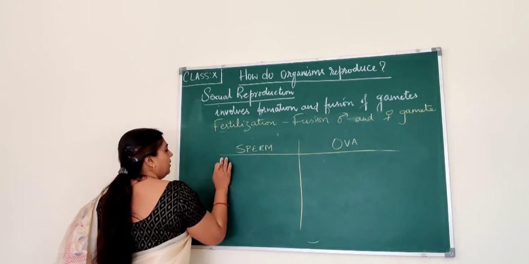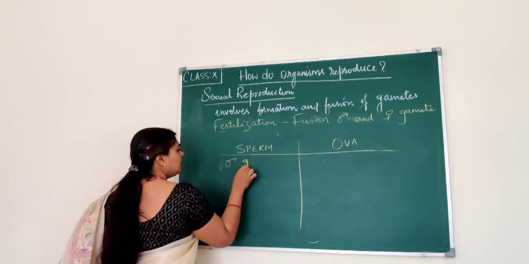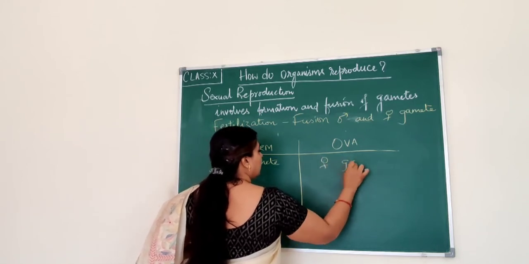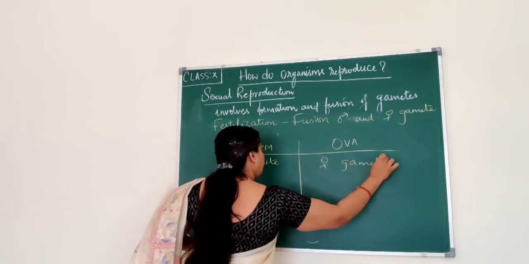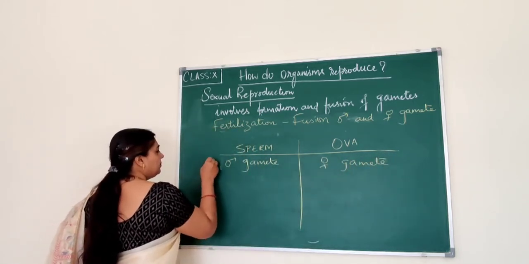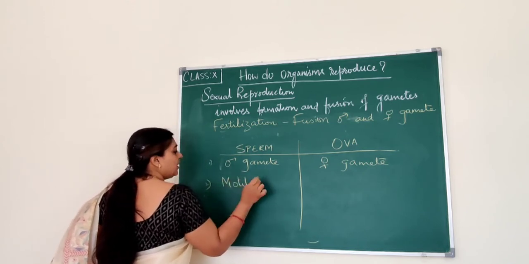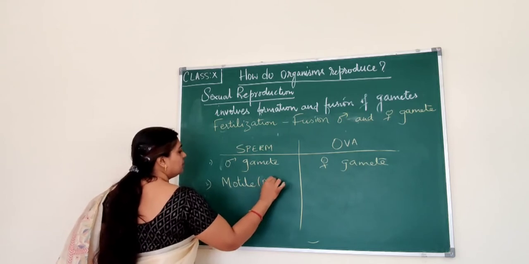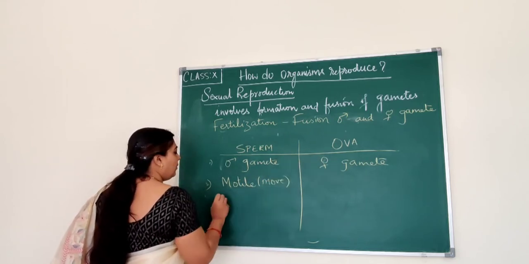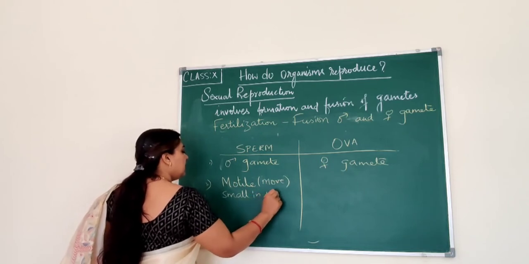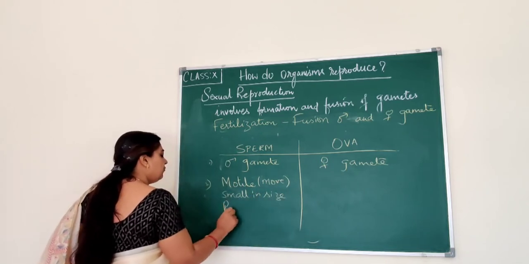Sperm is the male gamete and ova is the female gamete. Sperm is motile. Motile means what? It will move. Compared to ova, it is small in size.